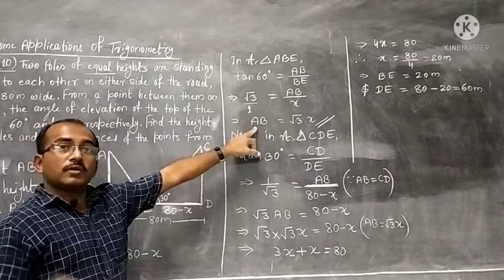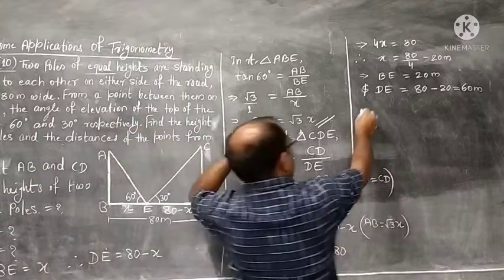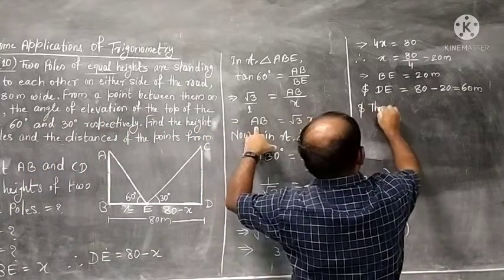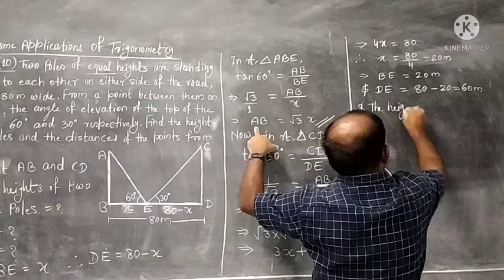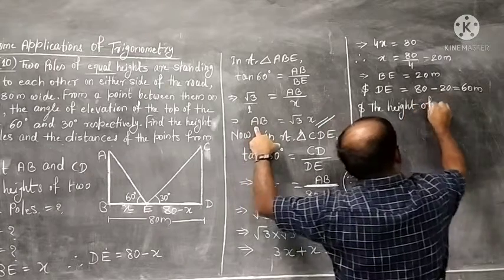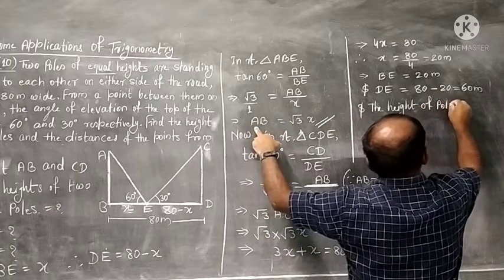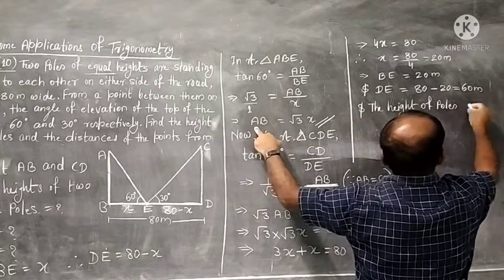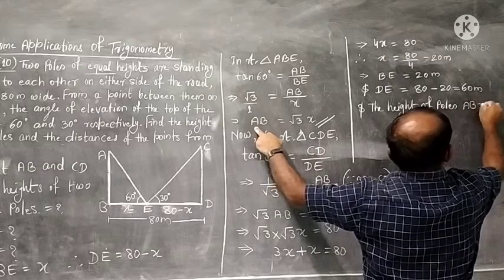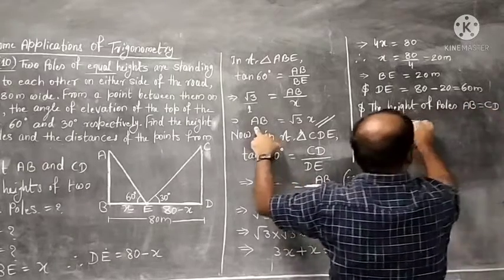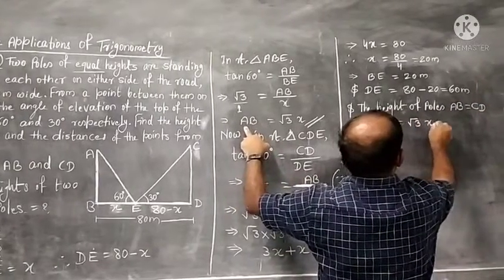AB is equal to what? Root 3x. Here we write poles because both poles are equal: AB is equal to CD is equal to root 3x.